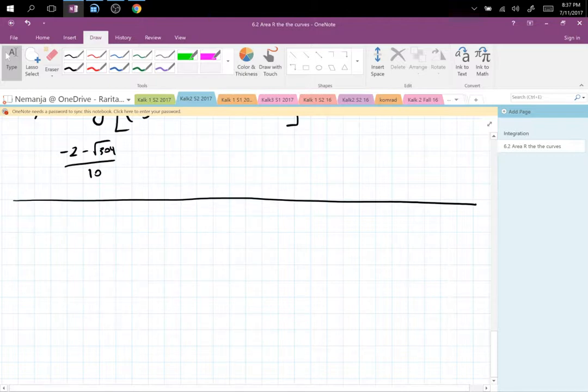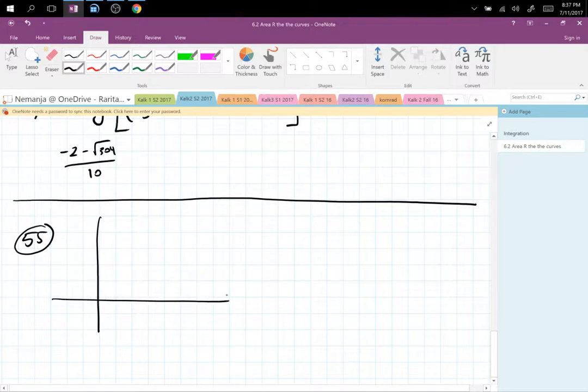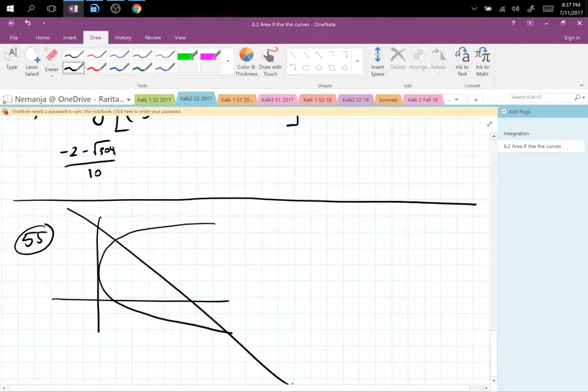All right. This is problem 55. That's a bit spicy, but you got this. Talk to people around you if you like. Try to work it out together. So it's a parabola and then a linear line. The parabola has x equals y minus 2 squared divided by 3, and the linear line is y equals 8 minus x.